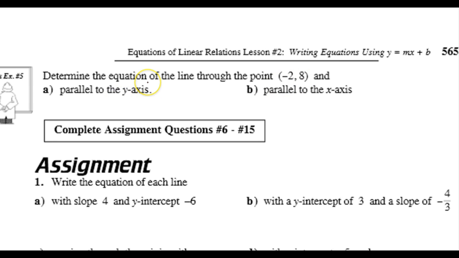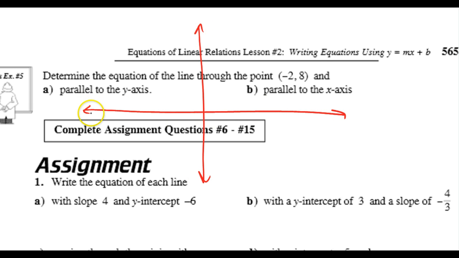Well, let's do a diagram here. The point is (-2, 8), so -2 is 1, 2, and 8 is 1, 2, 3, 4, 5, 6, 7, 8. I have my point right here, and it's parallel to the y-axis. That means that my graph looks something like that. And what's the equation going to be?